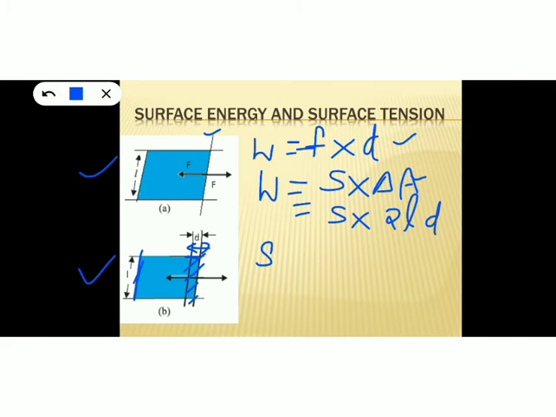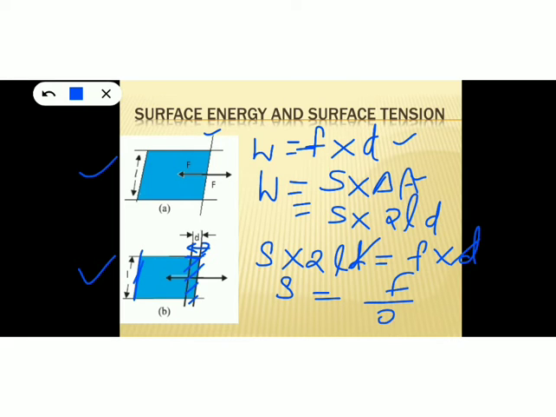So just equate the expressions. When you equate them, you get S into 2Ld is equal to F into d. The d and d cancel, and we are left with S equal to F by 2L, and F by 2L is the surface tension itself.